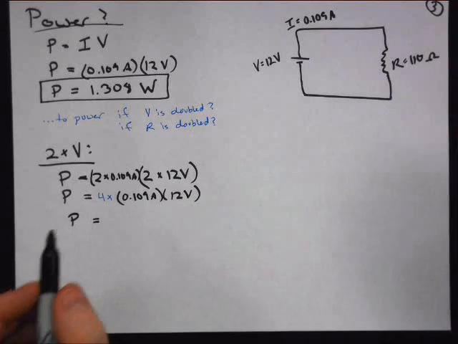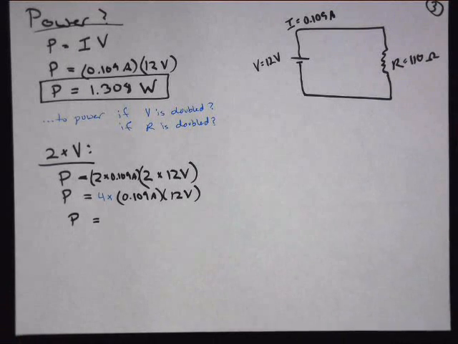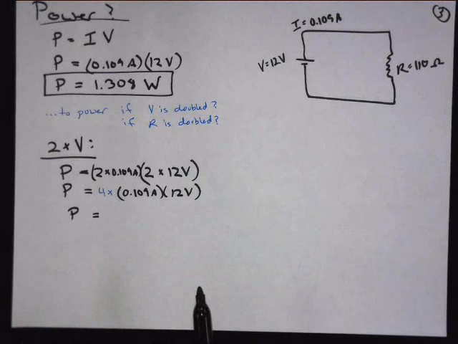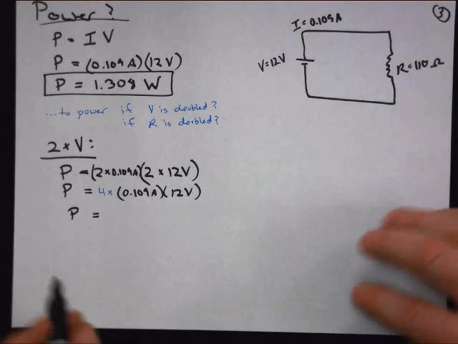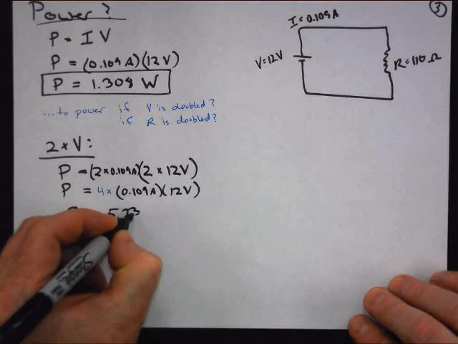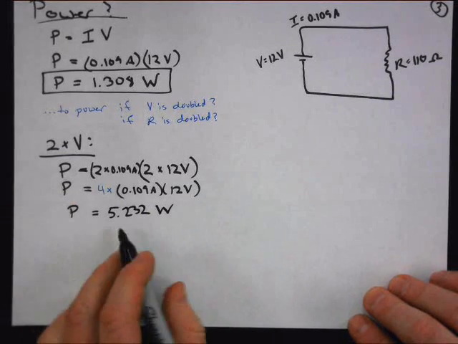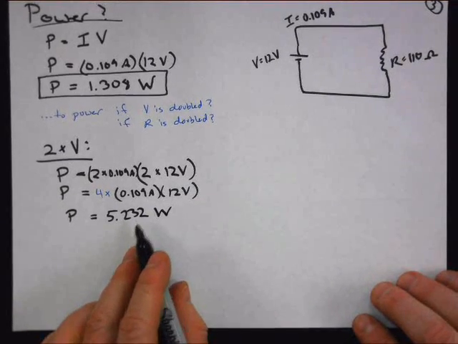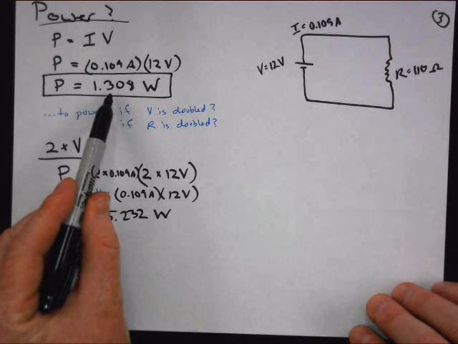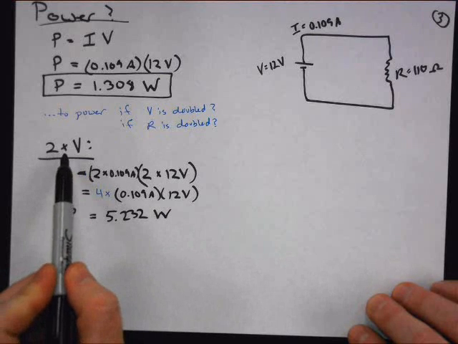So what we get, oh, handy dandy calculator, right? Oops, don't drop your calculators. It's not conducive to their functioning. 0.109 times 12 times 4. Okay. We get 5.232 watts. This is 4 times the original amount of power. All we did was double the voltage.